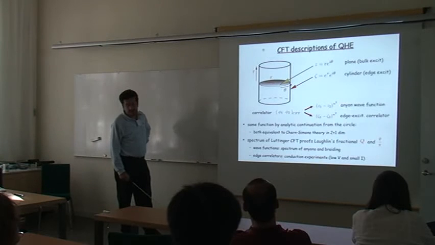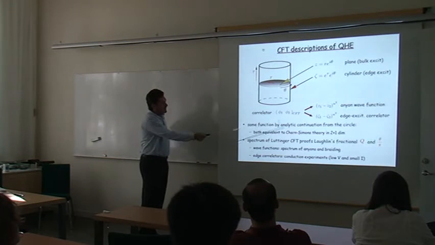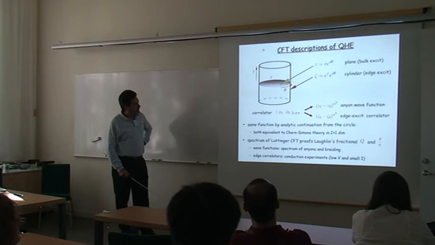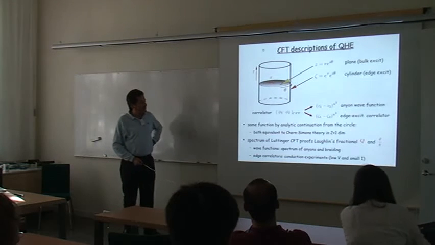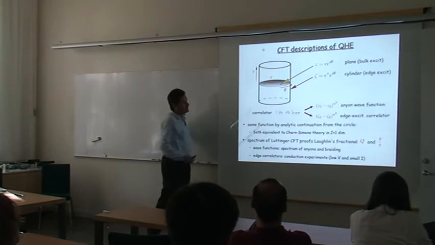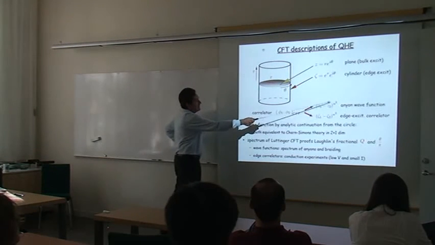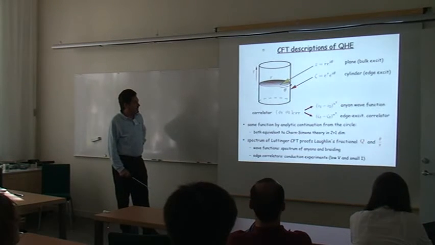And this correspondence between bulk and edge is common in Chern-Simons theory, which corresponds to the conformal field theory description, Chern-Simons topological theory. For example, if you take the simplest conformal field theory, the so-called Luttinger liquid, you show that there are fractional charge and statistics of excitations, because this exponent takes rational, fractional values.